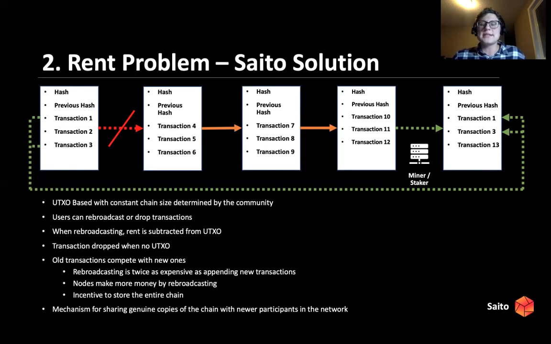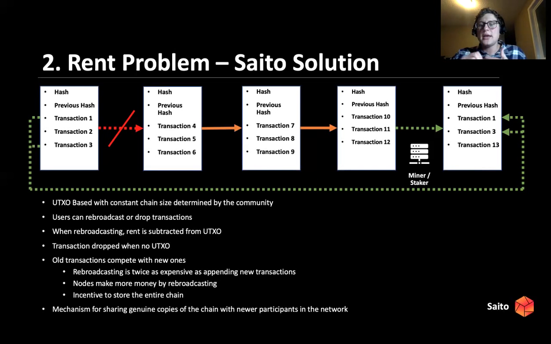Now, in order for a transaction to be rebroadcasted, similar to new incoming transactions, it also has to pay another transaction fee. So the UTXO that was from that previous transaction is really just spent again in order to be posted on the blockchain. And these transactions that are being rebroadcasted actually compete with some of those new incoming transactions for spots on the blocks.